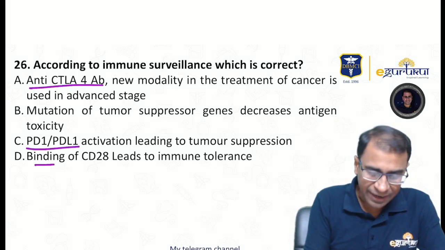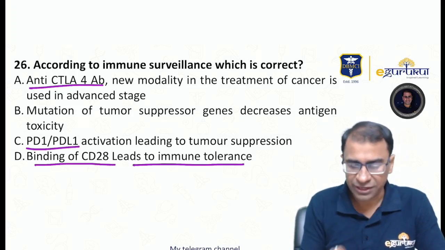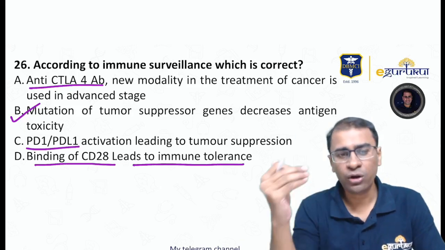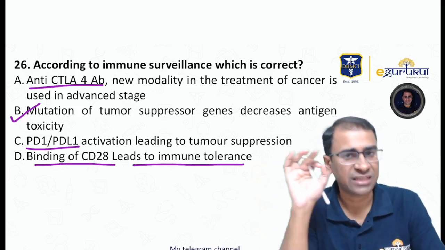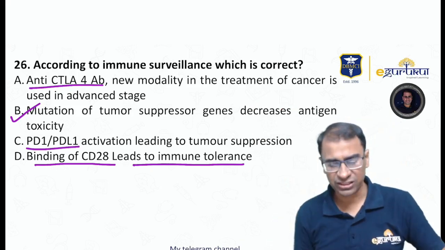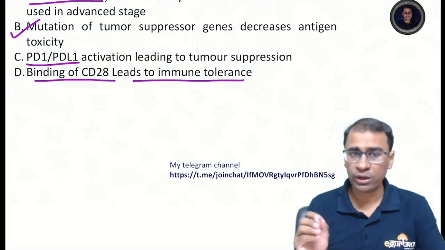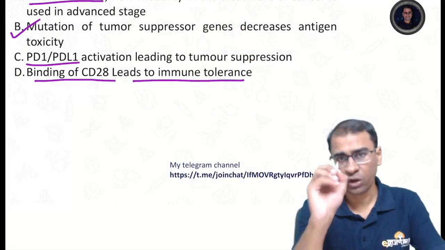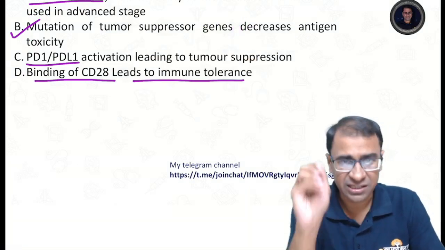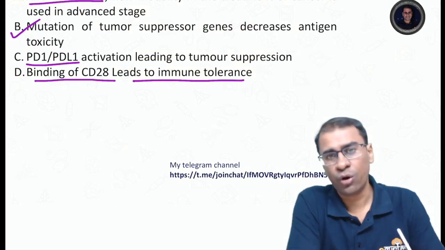But see, binding of B28 also leads to immune tolerance. So the answer is B, because you all know that mutation of the tumor cellular genes has nothing to do with the antigen toxicity. About these two, I just revise you in short. What I told you in my other video, please watch it, is called immune checkpoint inhibitors. It is a recently updated video and you must all watch it.